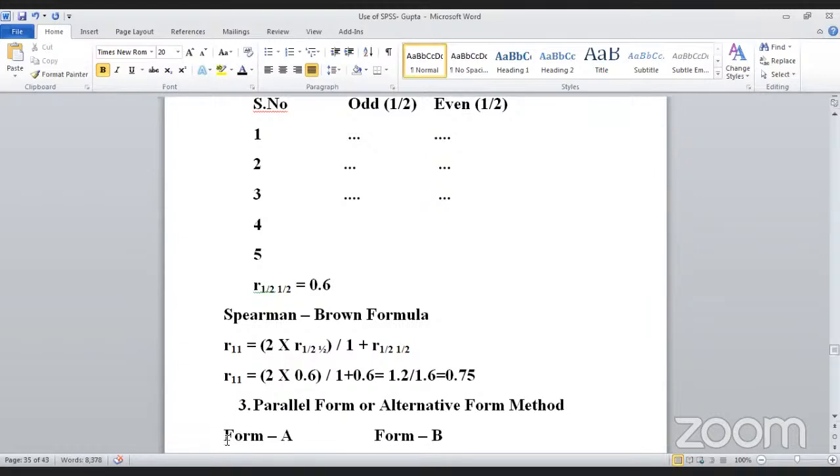The questions used to be the same, but the sequencing of the questions was changing. Each group will have 50 questions, but question number 1 in set 1 and question number 1 in set 2, set 3, set 4 will not be the same.